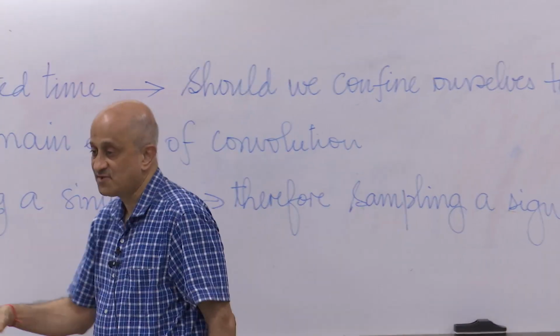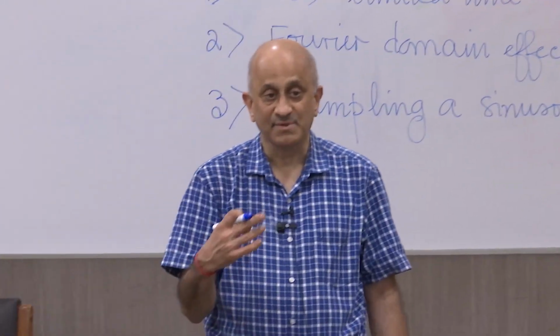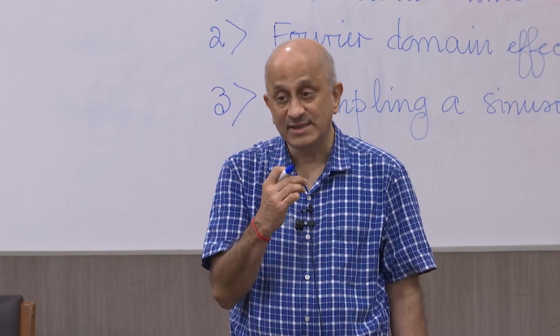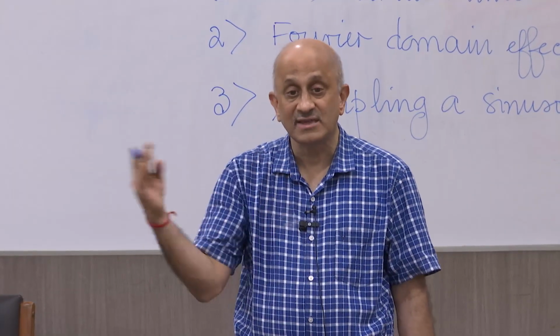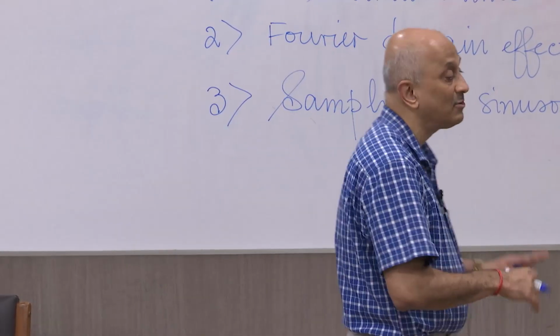What are the implications of this? If you sample a sinusoid, what happens to the sinusoid? And if you sample a signal, if you think of the signal as comprised of several sinusoids, what is the consequence? These are three things that we now like to address.